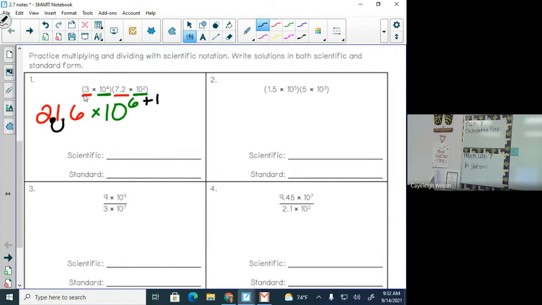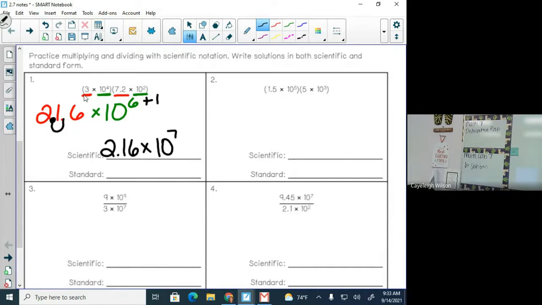The reason is that 21.6 times 10 to the 6 moves the decimal 1, 2, 3, 4, 5, 6 places. If I have 2.16, I'm actually going to have to move it 7 places to get the same answer. That's why I'm adding 1. So my final answer in scientific notation is 2.16 times 10 to the 7.